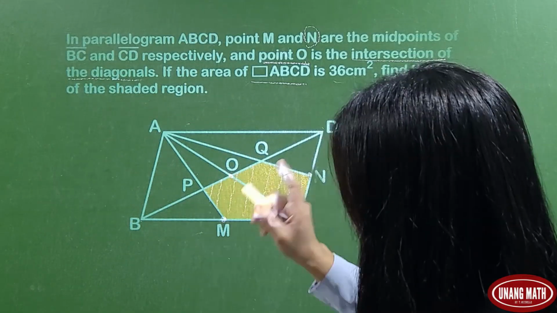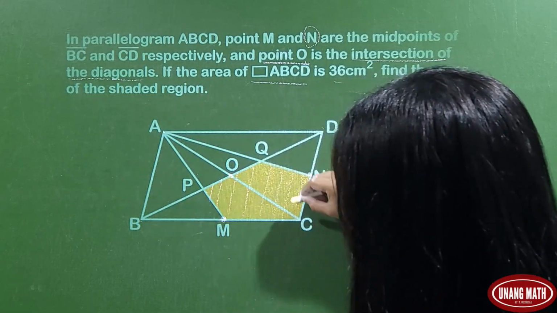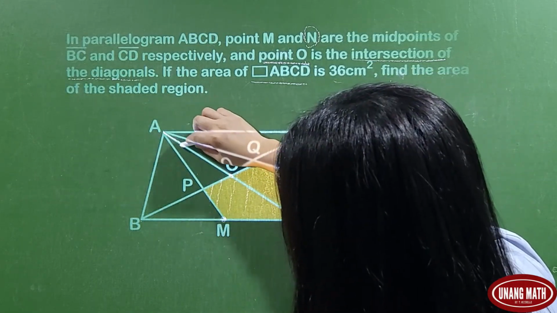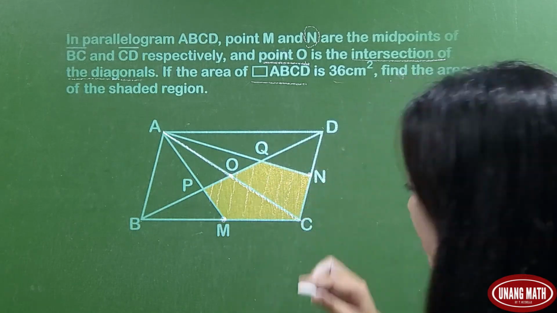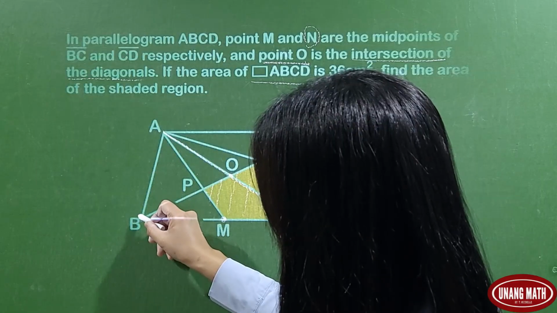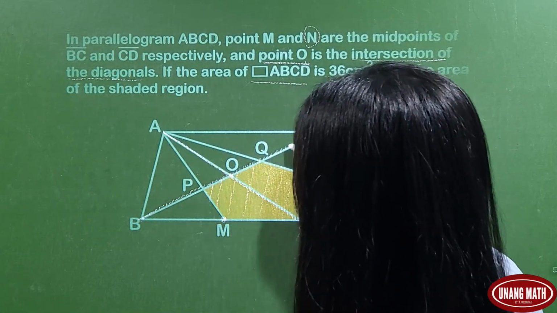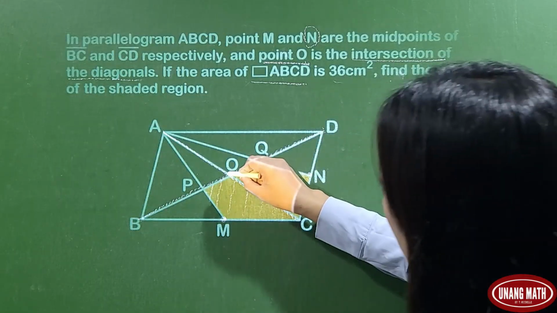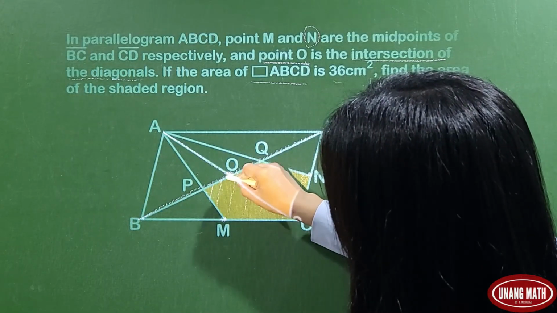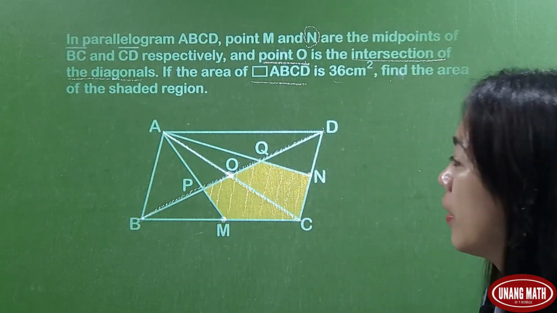So if we are going to draw the diagonals, it would be from this vertex to this vertex. So segment AC is a diagonal. Another diagonal would be from this vertex to this vertex. So segment BD is our second diagonal. These two diagonals intersect at point O.